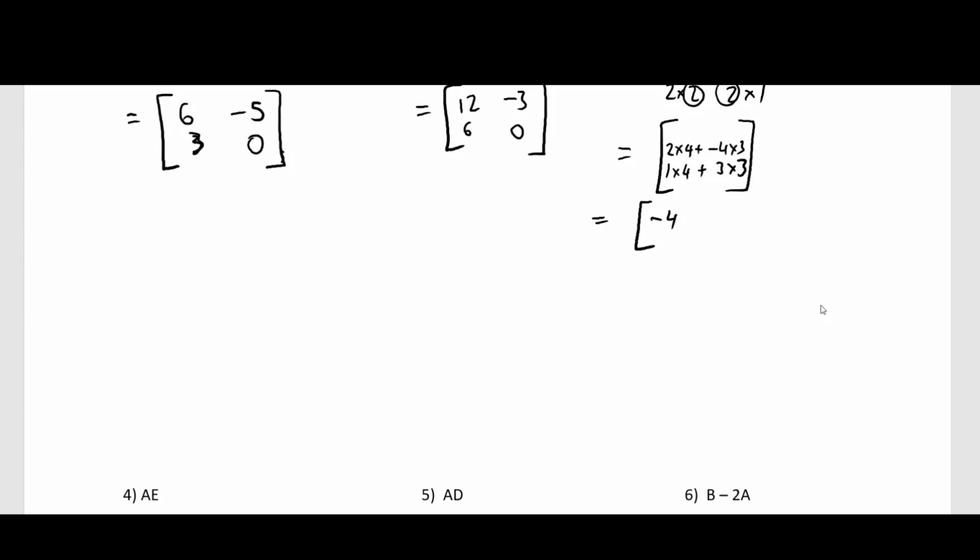And that's going to be 4 plus 3 threes are 9. 9 plus 4, 9, 10, 11, 12, 13. I'll draw that a bit neater. -4, 13. There's our answer.